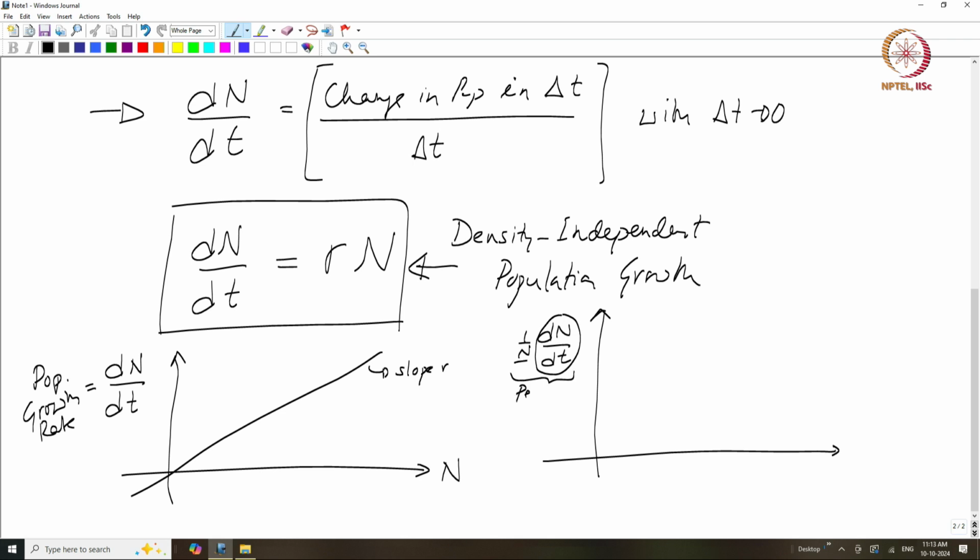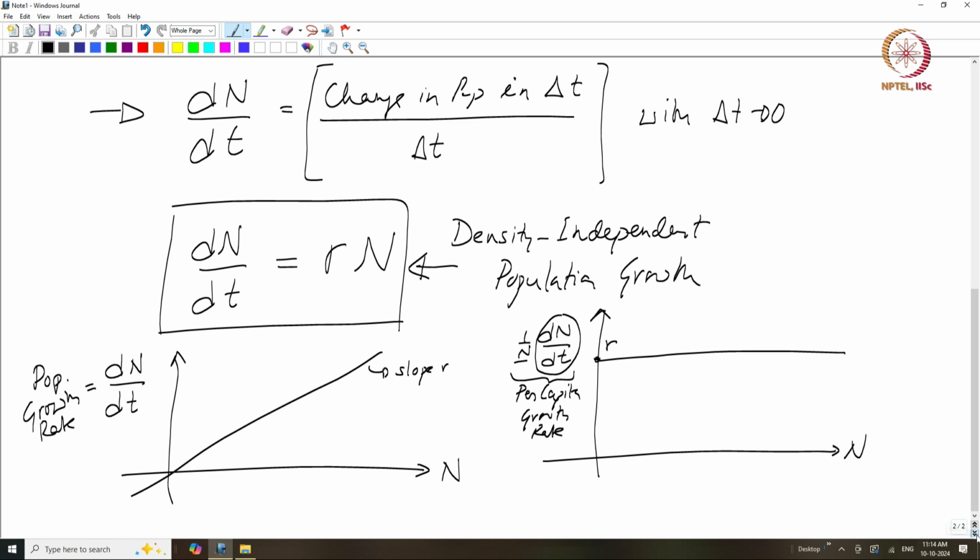So, this entire thing will be per capita growth rate, and if the per capita growth rate is a constant as a function of population size, that again is the same as saying we have a density independent population growth, and basically the equation here and these two graphs are equivalent ways of representing density independent population growth.